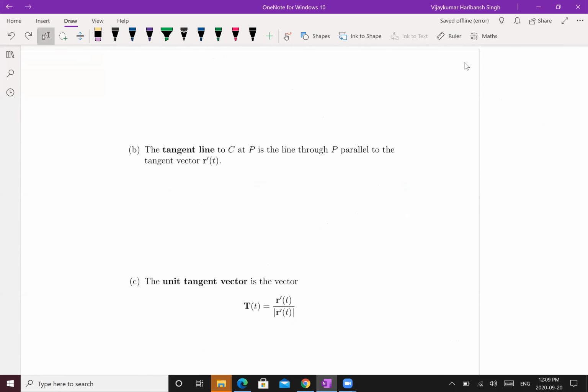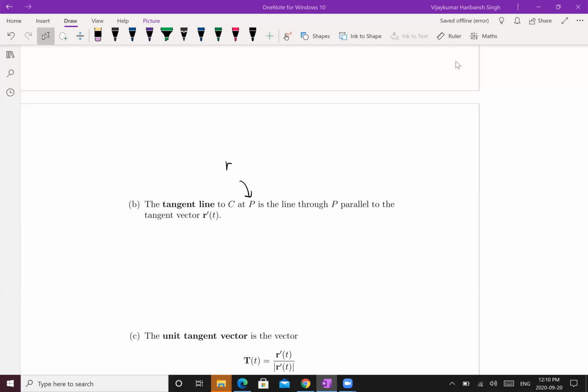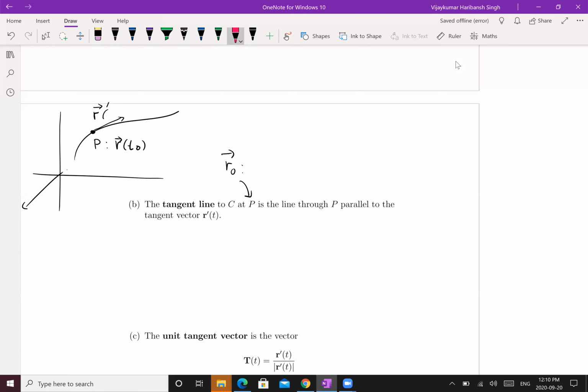So for the tangent line at P, say point P has position vector R0. Suppose the position vector of this point is given by R of t0.